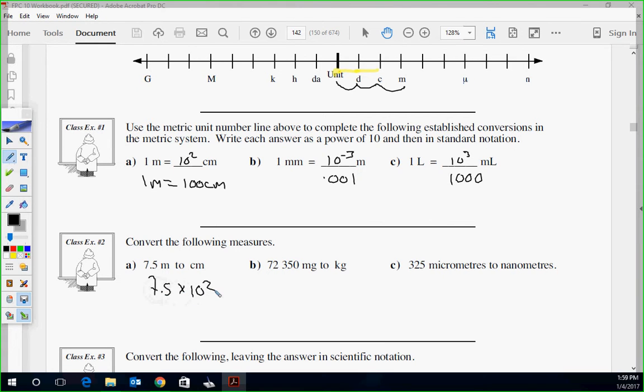I moved 2 spots to the right. Right means 2 for your positive exponent. So if you write that, it wants that to be an actual measurement. 7.5 times 10 squared is going to be 750. There's 750 centimeters in 7.5 meters. That makes sense.